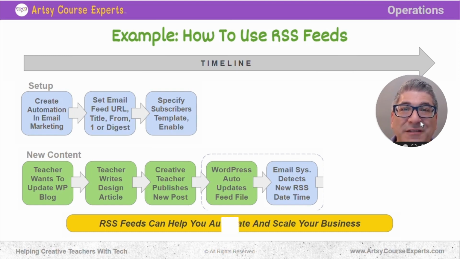Now your mail system kicks in, maybe it's ConvertKit, MailChimp, etc., and it's periodically checking your blog. When it reads your RSS file, the most recent one, it notices, hey, there's a newer date and time than what I previously had, and it checks the rules.